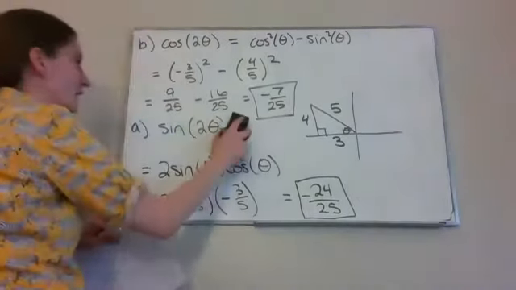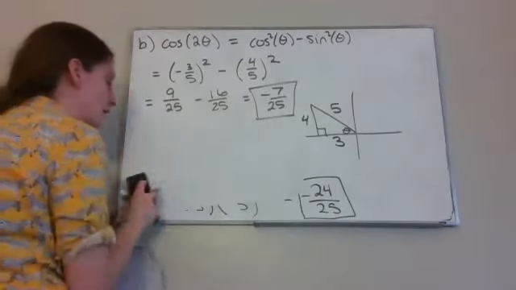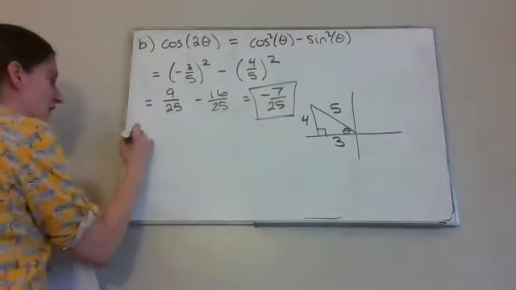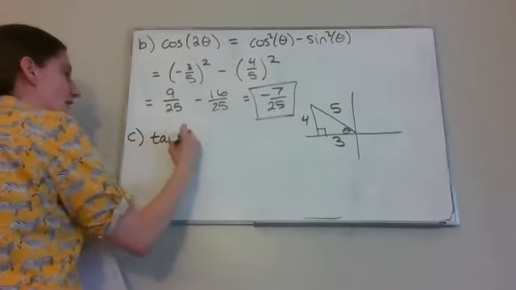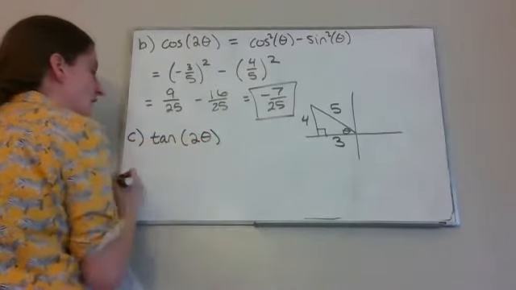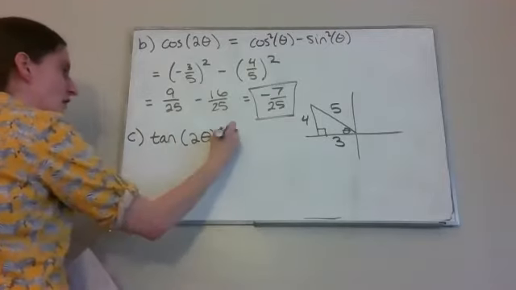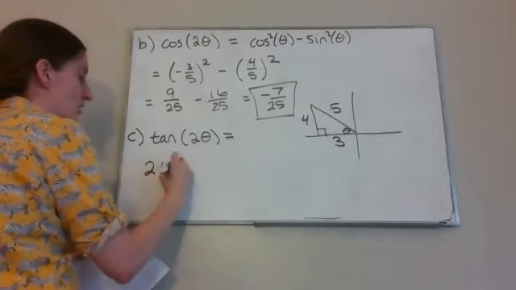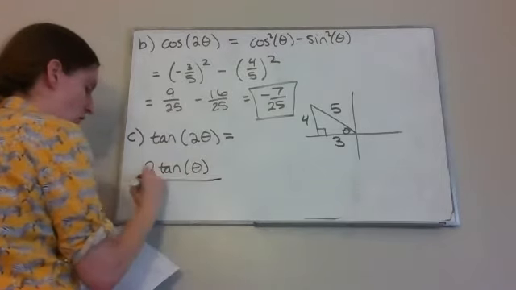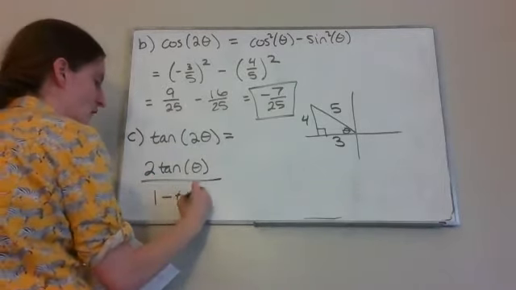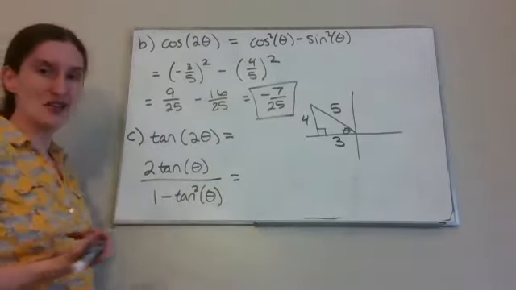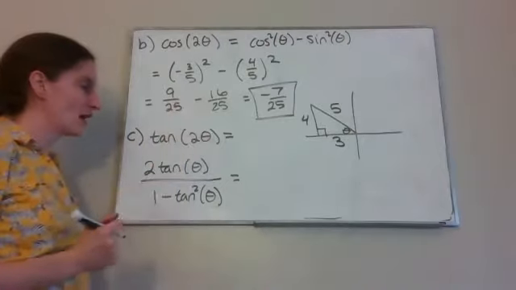So we've done sine of 2 theta and cosine of 2 theta. Now let's do tangent. Find tangent of 2 theta. Well, tangent of 2 theta, using my double angle formula, is 2 tangent of theta over 1 minus tangent squared of theta. And then I just have to plug in what tangent of theta is from my triangle.